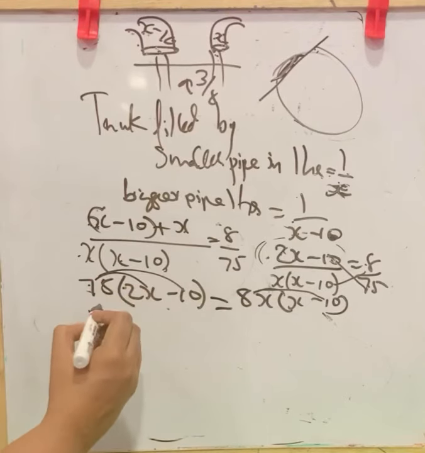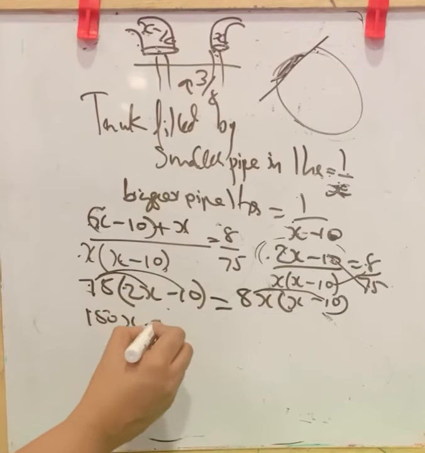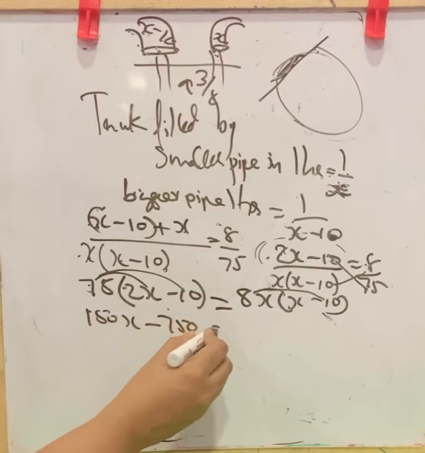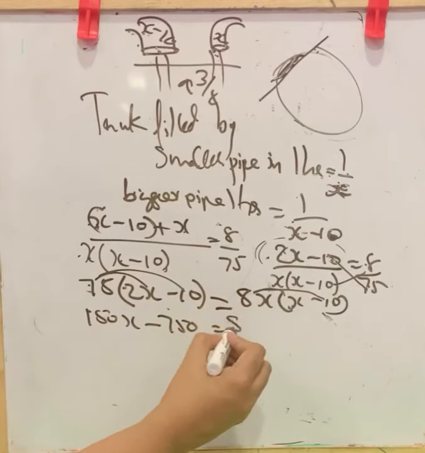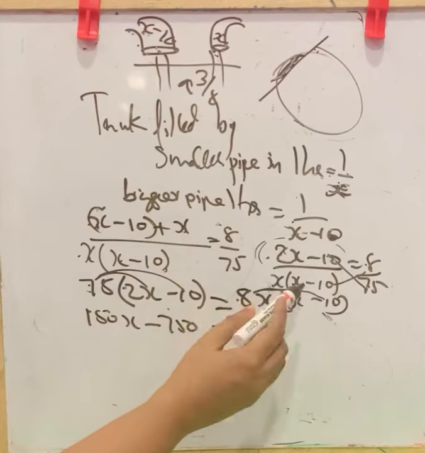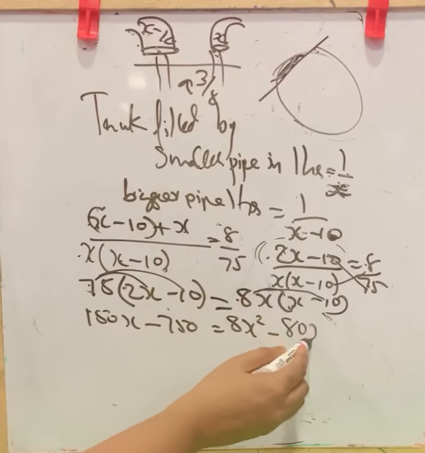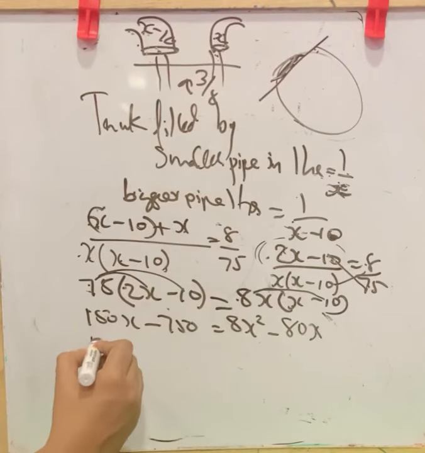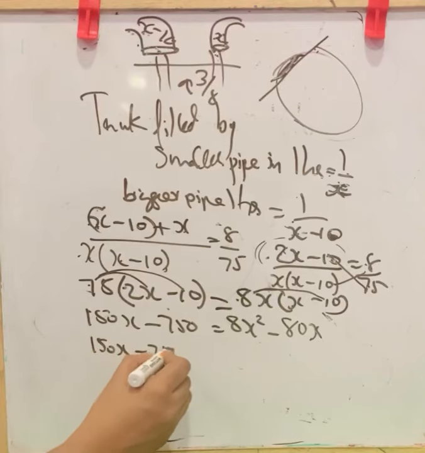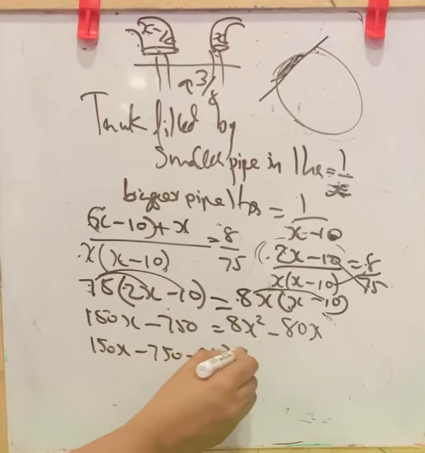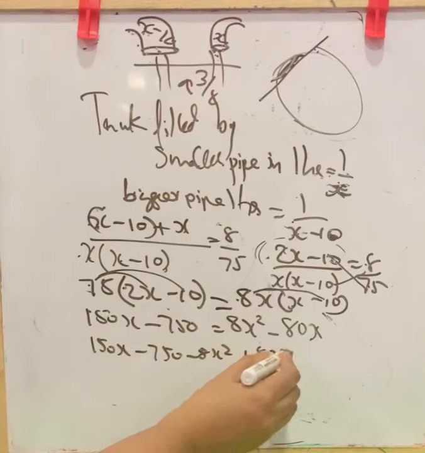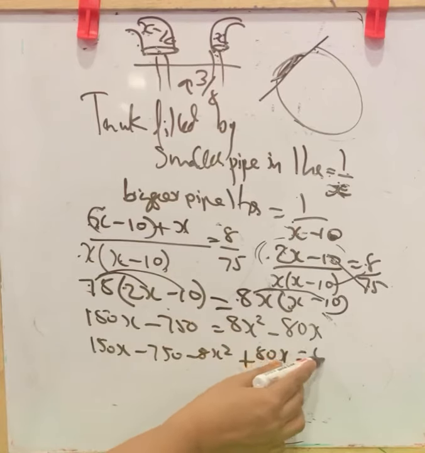The 75 into 2 is 150x minus 750 equal to, here 8x into x is 8x square minus 8x into 10, 80x. Now rearrange this, 150x minus 750 minus 8x square plus 80x, these taken to LHS equal to 0.